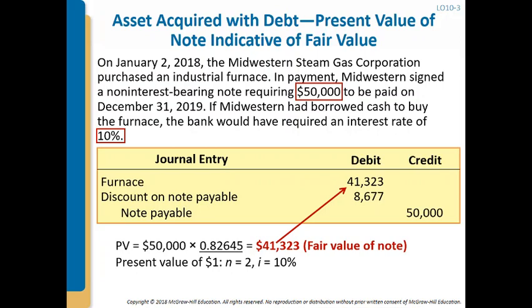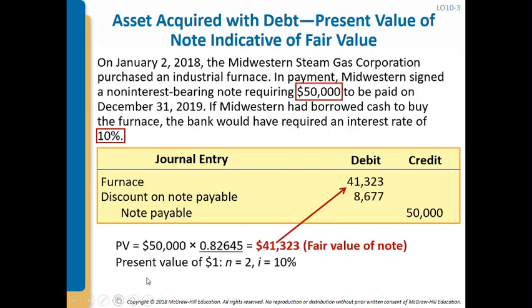You multiply that times the amount of the note, and so the implied value of the furnace is the difference between the $50,000 note and the discount on the note.